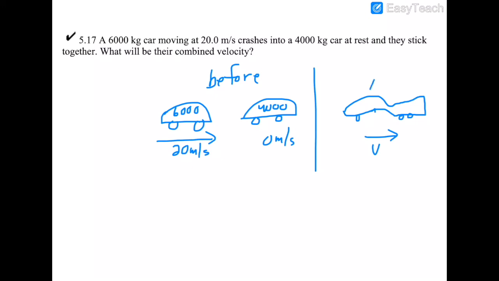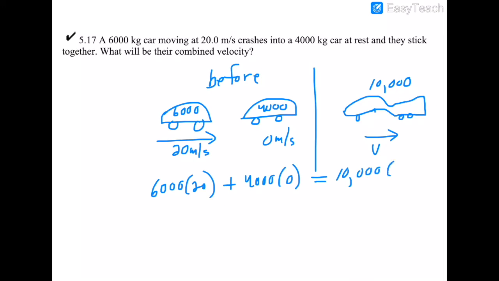And it would have a mass of 10,000 kilograms. So we need to figure out what is v. So the momentum before the collision is 6,000 times 20 plus 4,000 times 0. And then afterwards, after the collision, it would be 10,000 times v.